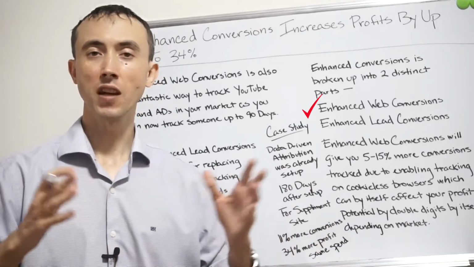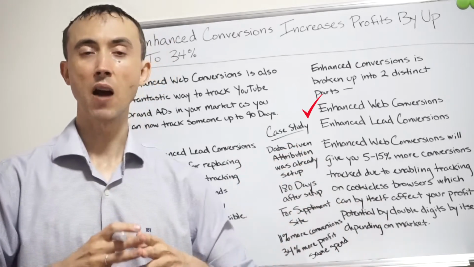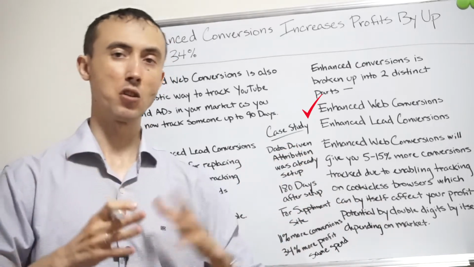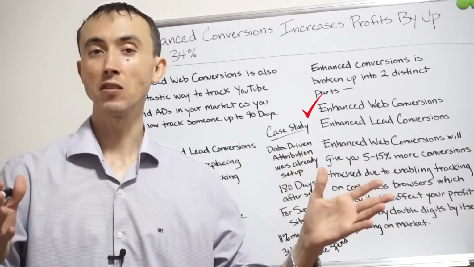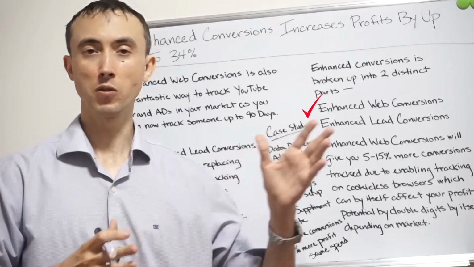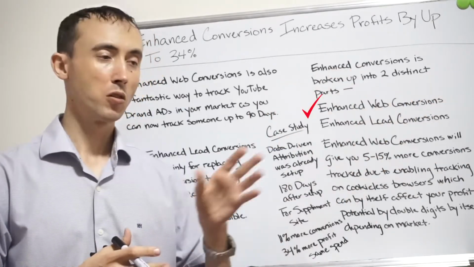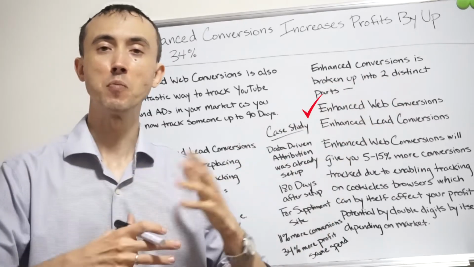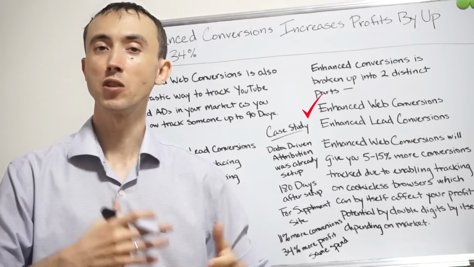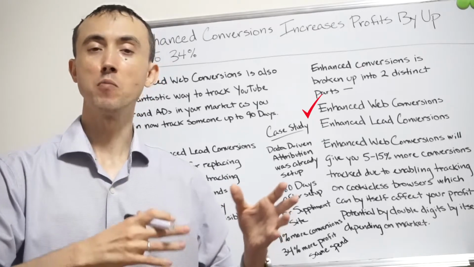Why? Because Google's algorithm uses conversion data to power whether or not your ad gets shown to this person or that person. Even if you're doing keyword-based advertising, search ads on Google, if you're advertising for red shoes, when you get a purchase through that keyword, Google looks at the different types of people within the people who search for that keyword, red shoes, who have worked for you better than others.